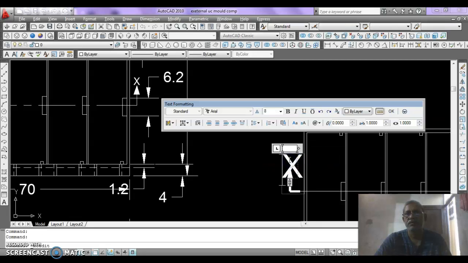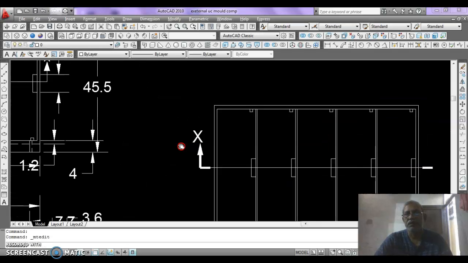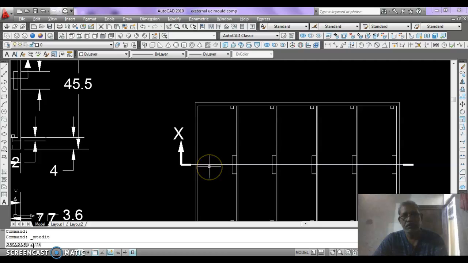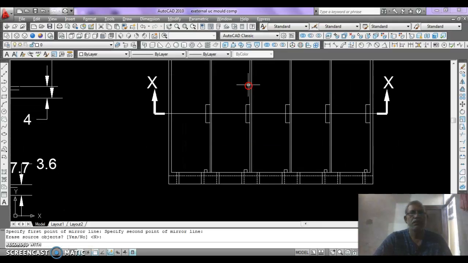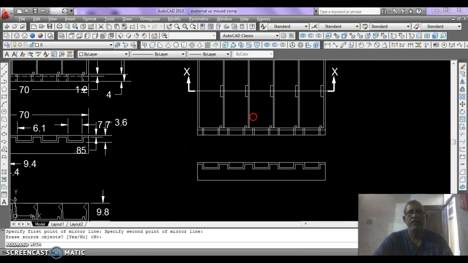It is so much, you just change it by 4, and now it is okay. Mirror both at the midpoint, and now we just draw section XX.